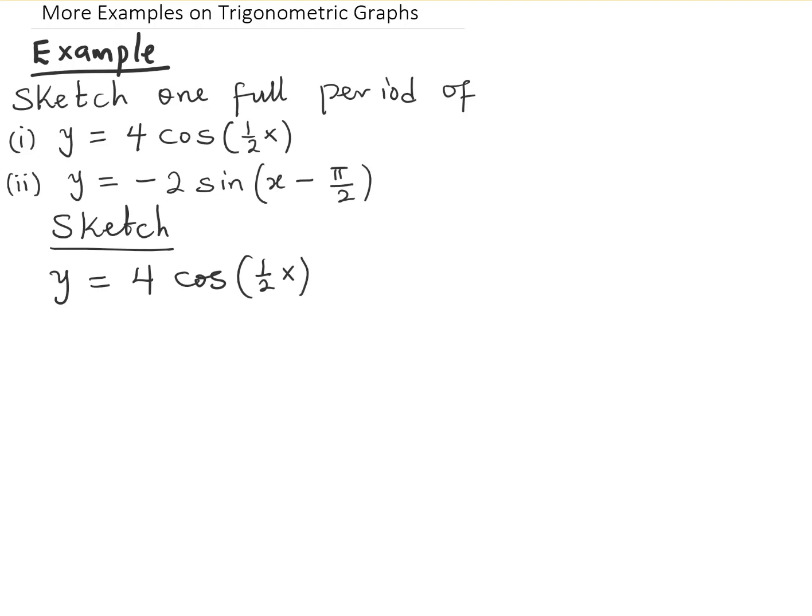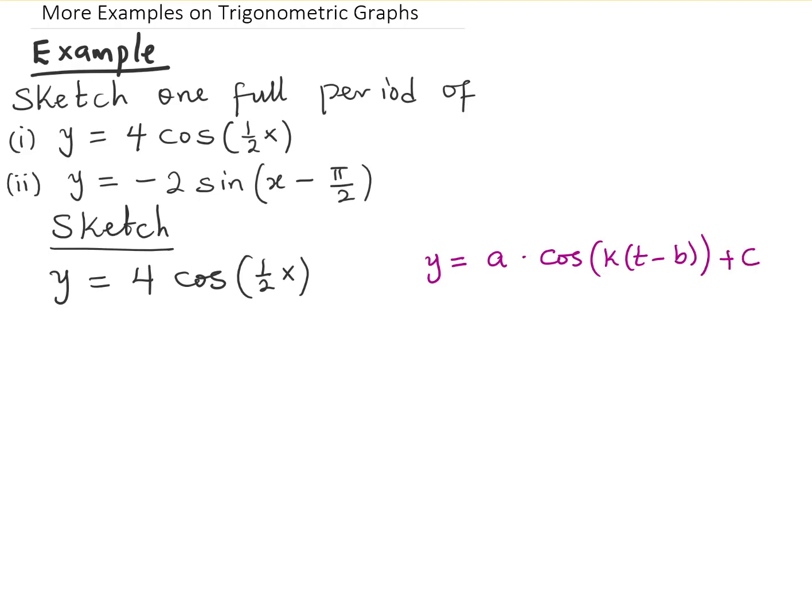If you remember, the general form is y equals a times cosine k into (x minus b) plus c.